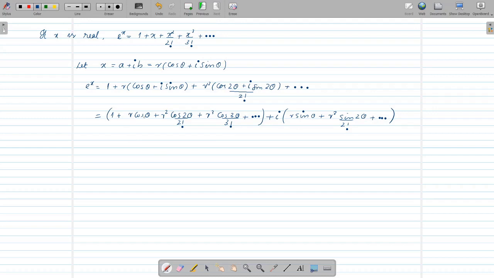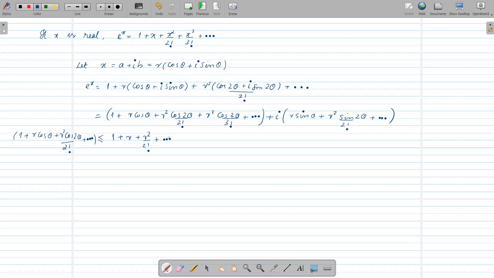We know that this r and theta are real numbers. So if you consider this series, you can say that this series is dominated by a series, less than or equal to r plus r square by 2 factorial plus etc., because modulus of cos theta is always less than or equal to 1, or this cos theta can be replaced by 1, so you will get this inequality.